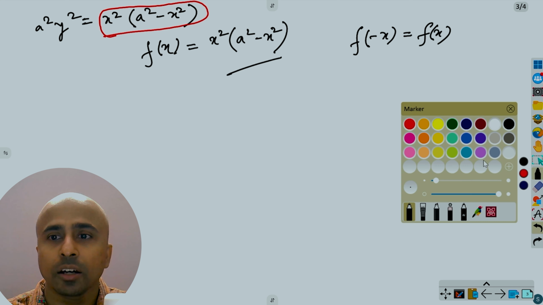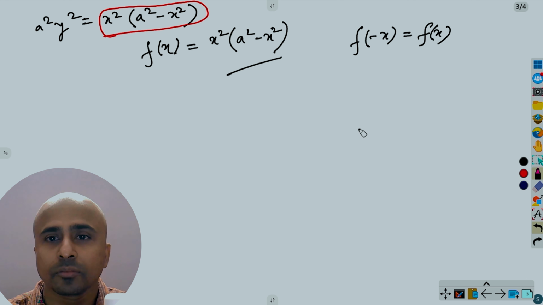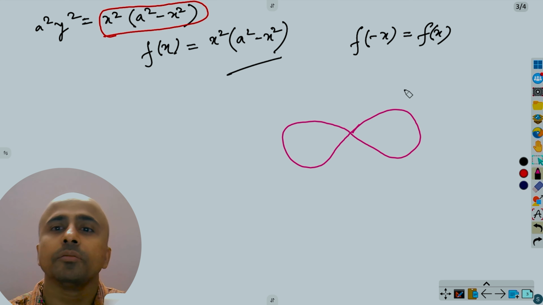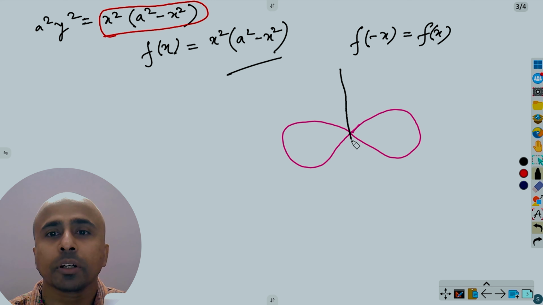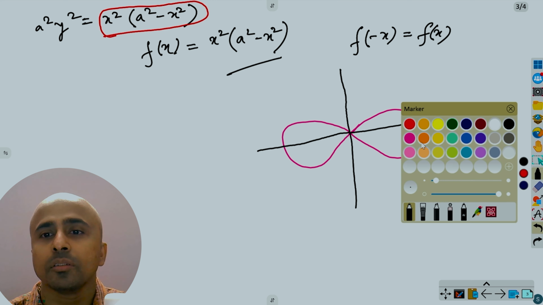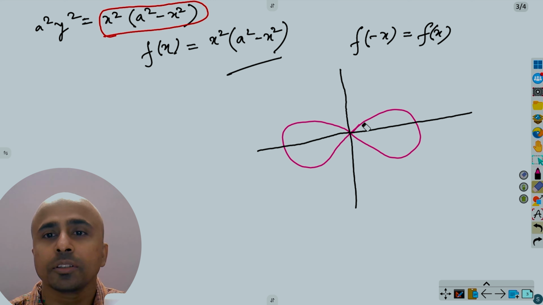Actually, this curve looks something like this. Maybe the drawing is not that good, but I think it is understandable. Because it is symmetric, we just have to adjust here so that it looks symmetric.